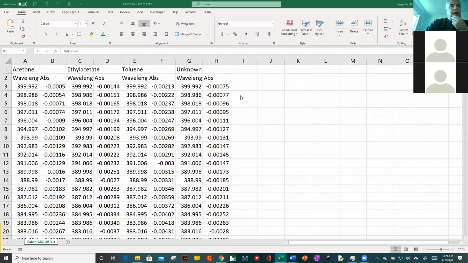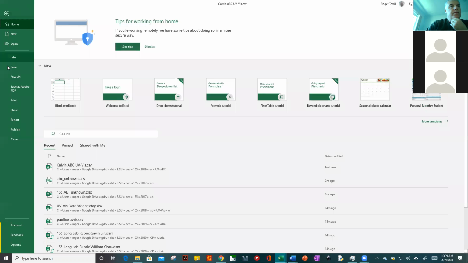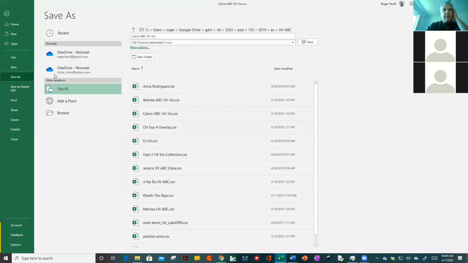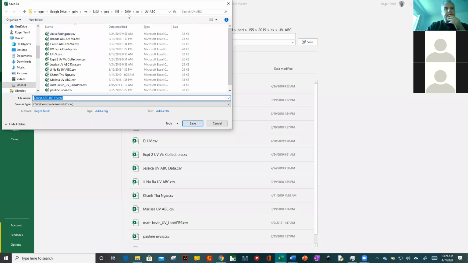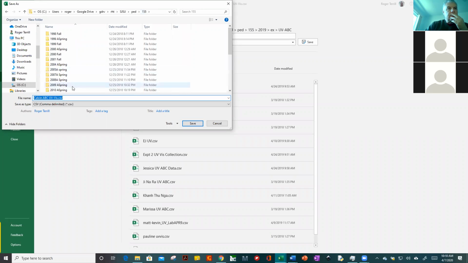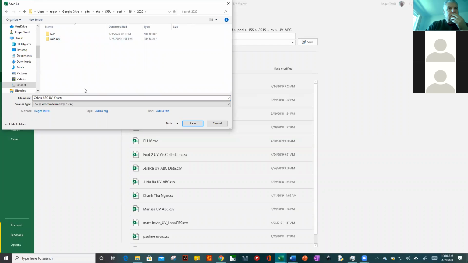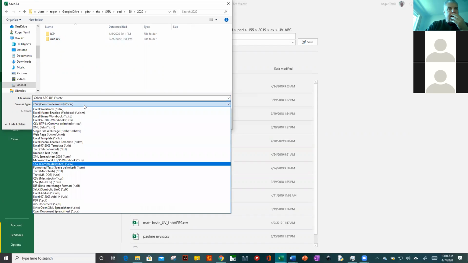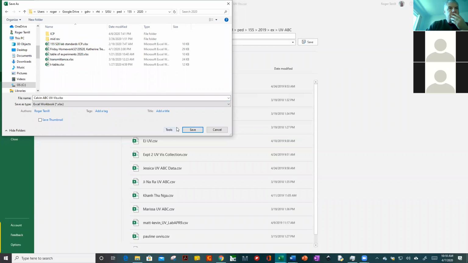Hi, Dios. Let's see here. So first thing we want to do is save these data in our folder here as XLSX files, and we'll let this be Calvin ABC UVBiz.xlsx.